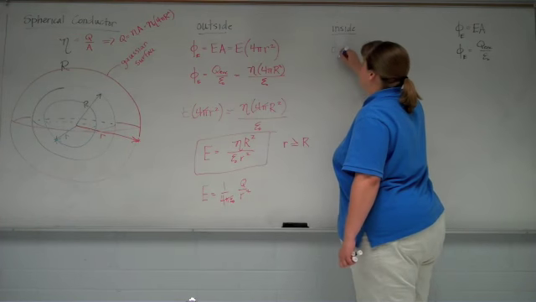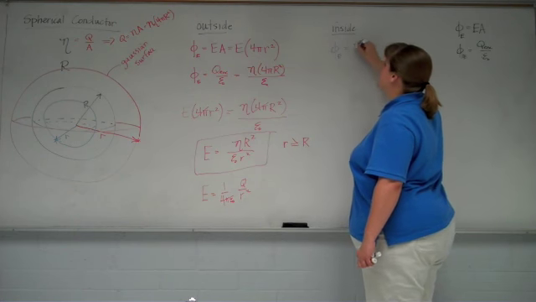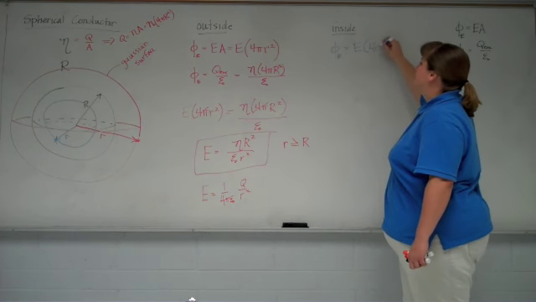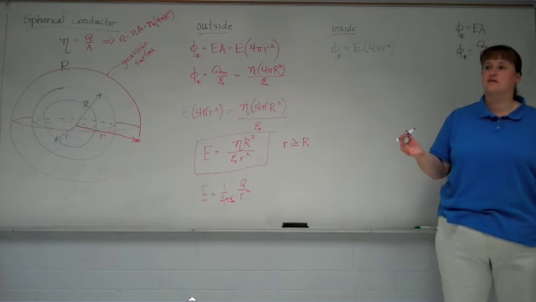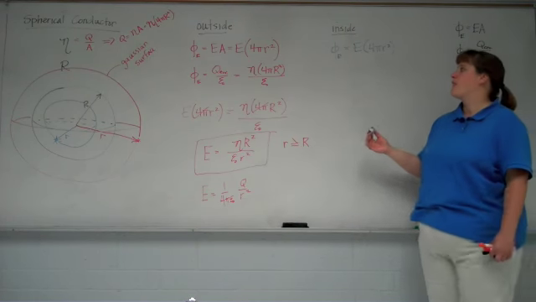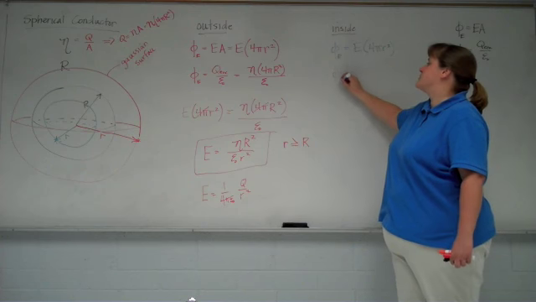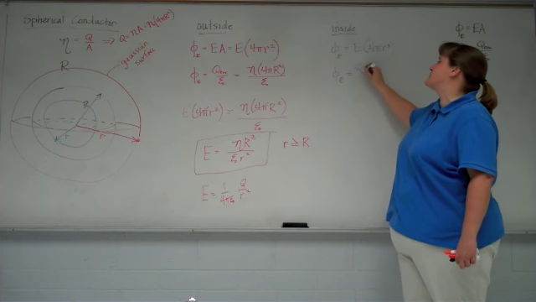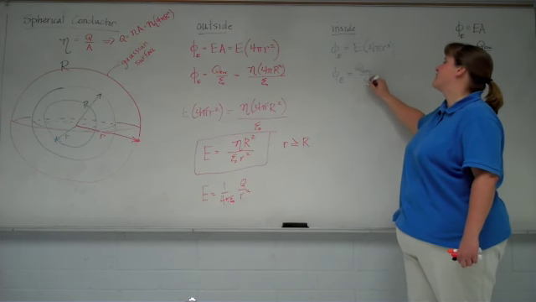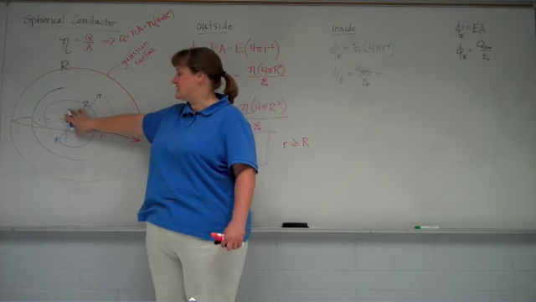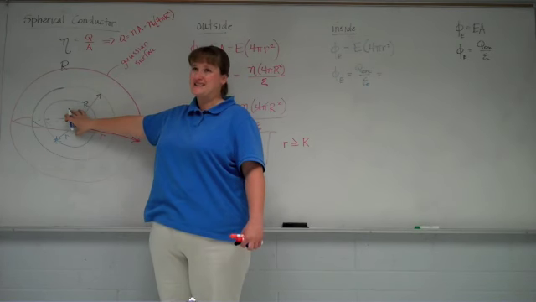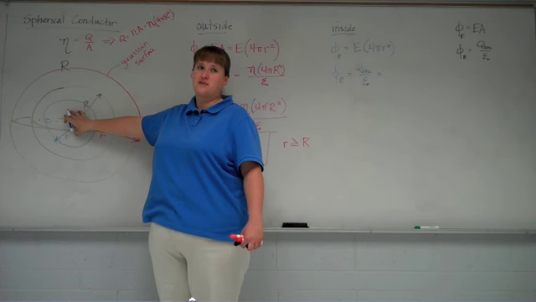So the flux, in terms of E times A, is still E times 4 pi little r squared. The flux in terms of charge enclosed over epsilon naught. How much charge is inside this little sphere that I've drawn? If we're inside our conductor, how much net charge lies within that?